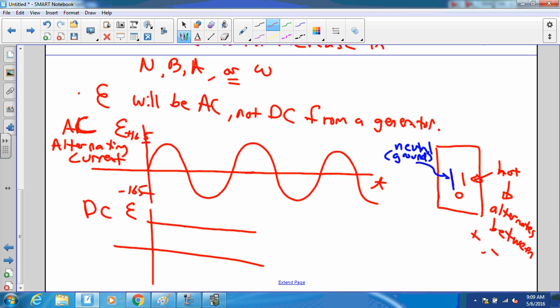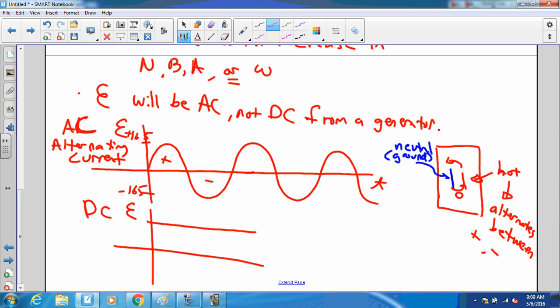Now, this is kind of strange, because with the DC power supplies we've been using, you have a plus side and a minus side, and current flows from plus to minus. Things are not like that with your wall socket. Because you have alternating voltage going from plus to minus, during the plus side of the cycle, current is going to flow this way.